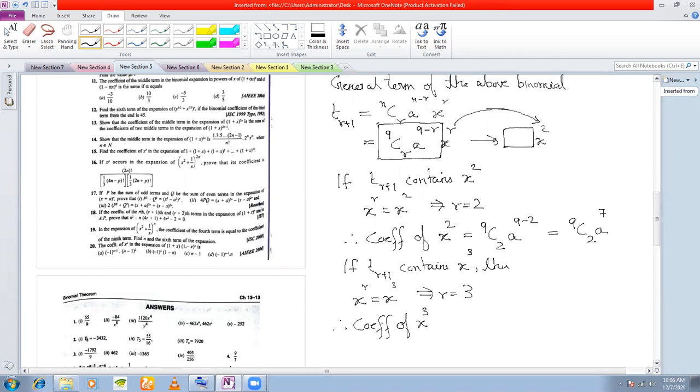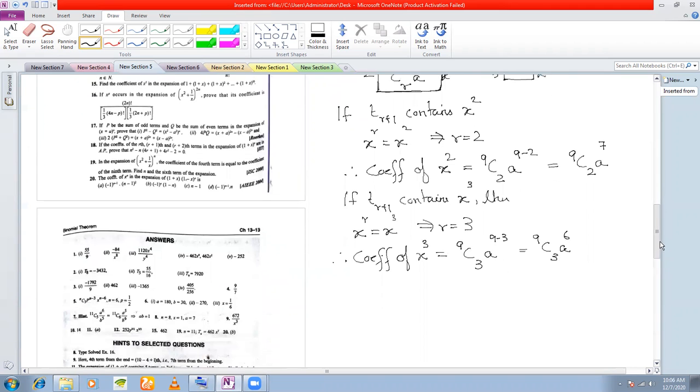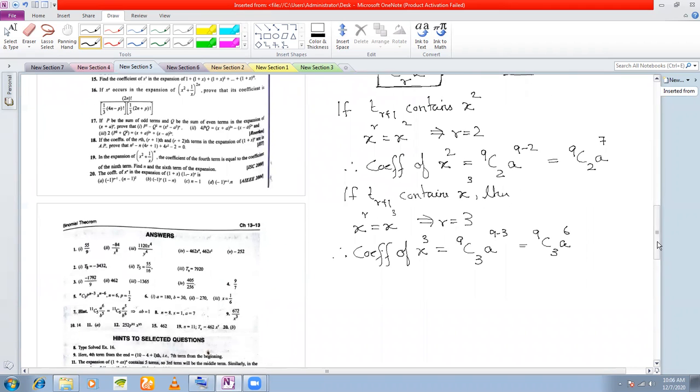Put r equal to 3 here again in 9Cr a to the power of n minus r: 9C3 a to the power of 9 minus 3. So 9C3 a to the power of 6. This is the coefficient of x square and this is the coefficient of x cube.